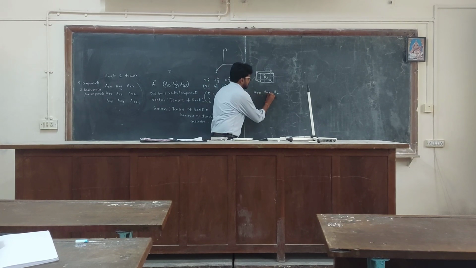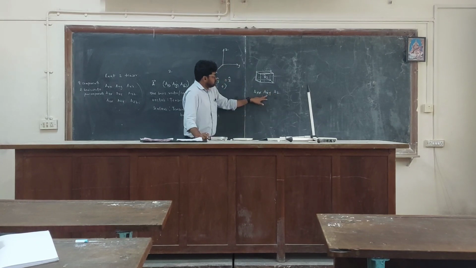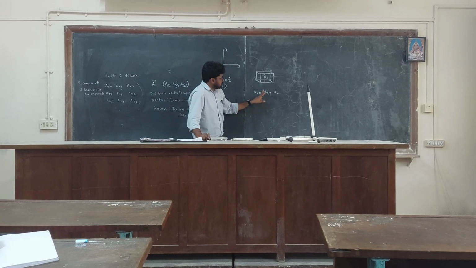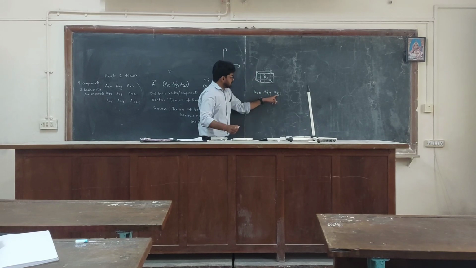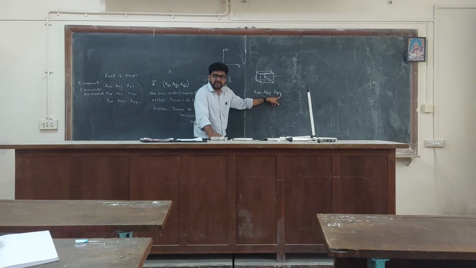Or axy might represent this component whose force is along the y direction and area vector is along the x direction. Or axz might represent a force whose area vector points along the x direction but force is along the z direction.